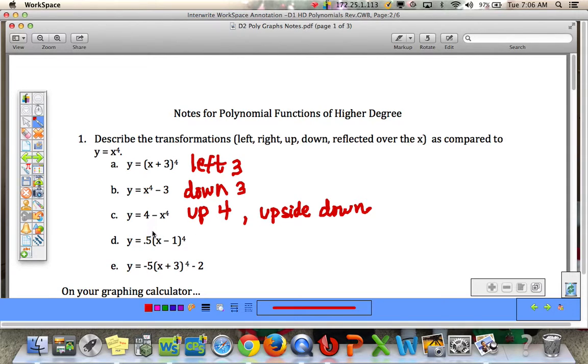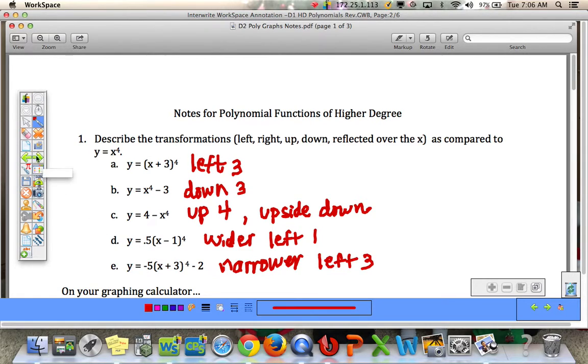The 0.5 would make it fatter or wider. The minus 1 inside the parentheses would make it shift left 1. The minus 5 would make it narrower or skinnier. The x plus 3 would make it shift left 3.